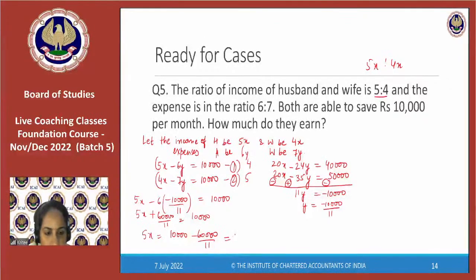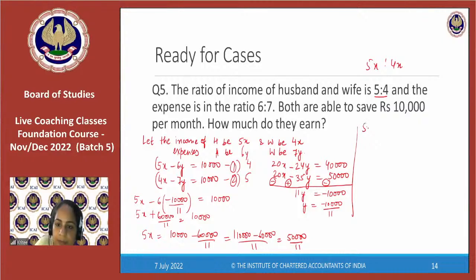Solve this. You get 1,10,000 minus 60,000 by 11 as 50,000 by 11. So your 5x is equal to 50,000 by 11. Your x is equal to 10,000 by 11.